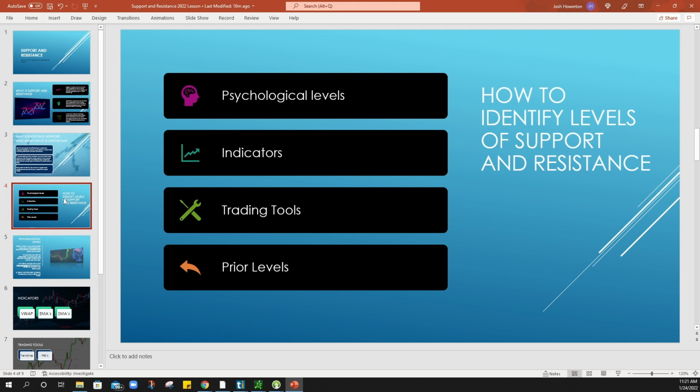So there are going to be trading tools that we can use to identify levels of support and resistance. And the most important one, in my opinion, are prior levels of support and resistance, right? Looking back into the past. What's the saying? History likes to repeat itself. So the most important way to identify levels of support and resistance is being able to identify prior levels of support and resistance. Let's break these down one by one.